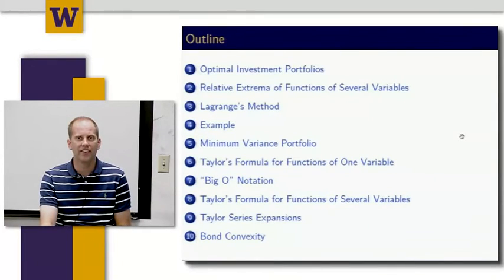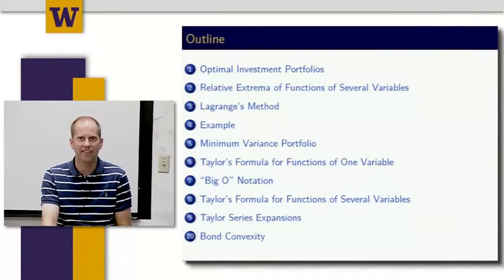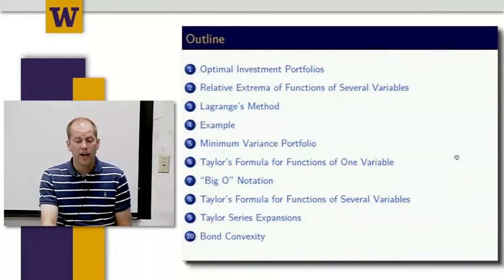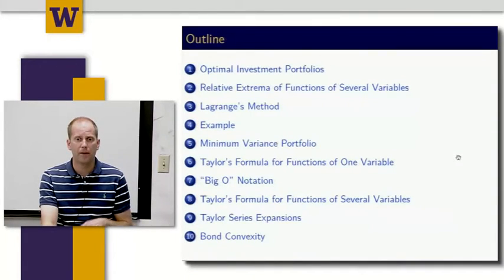Highly nonlinear functions like sine of x times e to the x or something like that would not be fun functions to work with. And what we'll be interested in is how close is my polynomial approximation to the actual function.